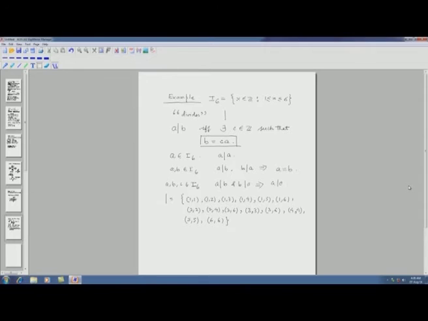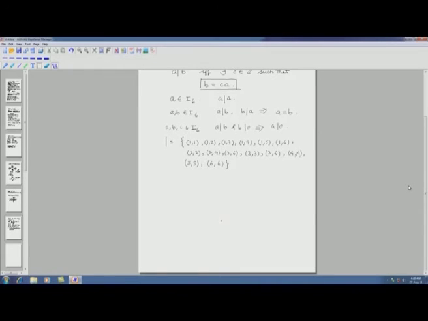Now, if I want to draw a Hasse diagram corresponding to this relation, I will keep 1 at the bottom because nothing divides 1, and then check out all the numbers, particularly the prime numbers. So, 1 1 I need not consider. So, I get 1 2, right.